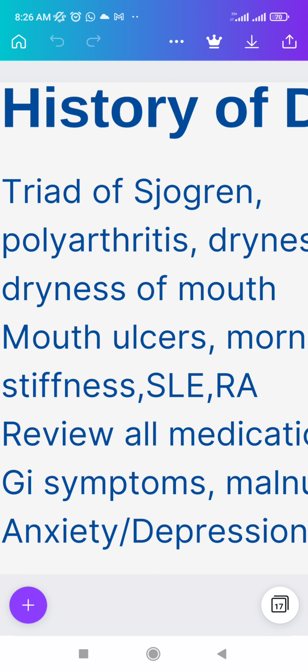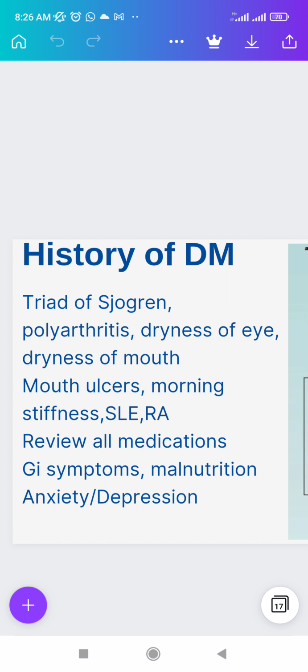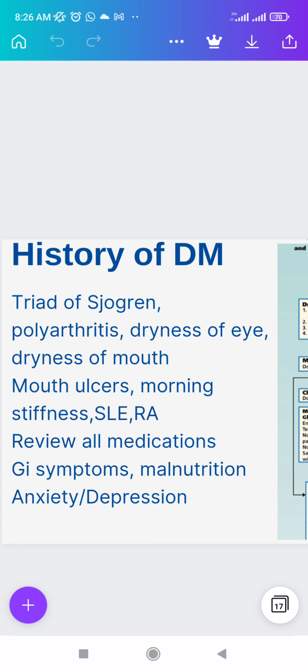After taking the history of diabetes, ask about the triad of Sjogren disease: polyarthritis, dryness of the mouth, and dryness of the eye. Also rule out other autoimmune diseases by asking about morning stiffness, mouth ulcers, and especially history of systemic lupus erythematosus and rheumatoid arthritis. Ask about the patient's medication history and GIT symptoms, especially for malnutrition, and ask about helplessness and hopelessness to rule out anxiety and depression.